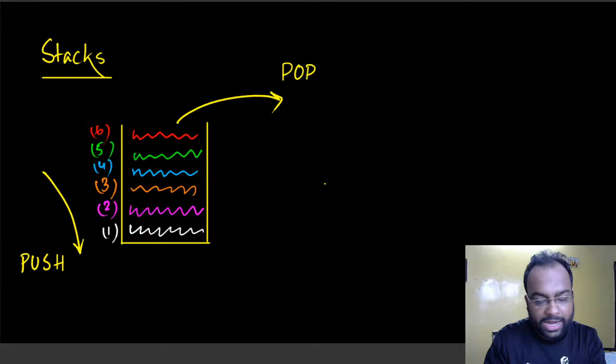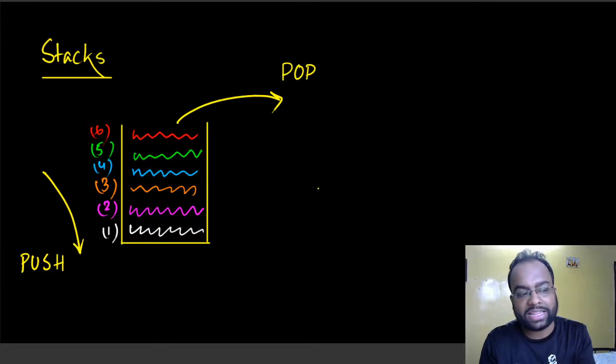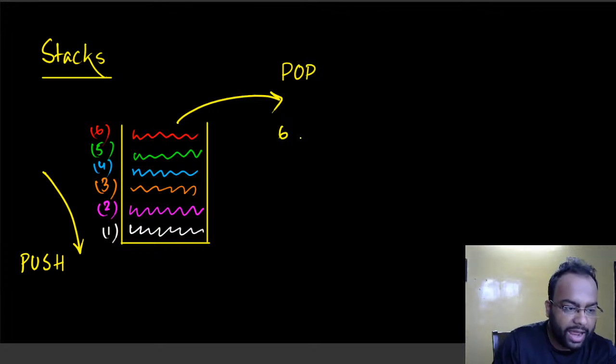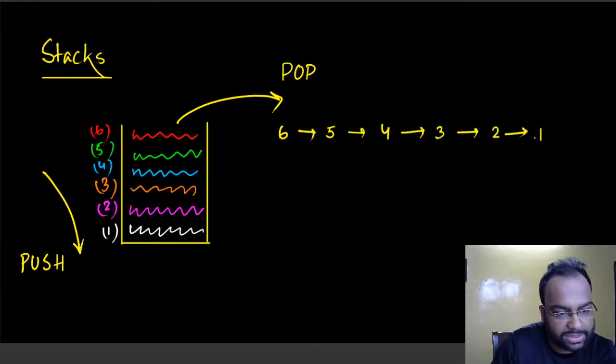So the order in which I shall be able to fetch, or rather pop things out of these, would be 6 first. This item will be pulled out first. Then after pulling that out, I shall be able to pull out this item next, then this item, then this, and at last the one that went into the bucket first, right?